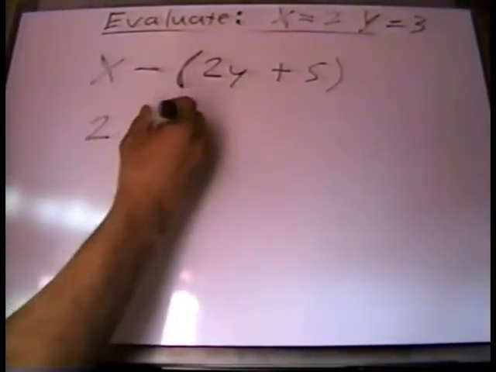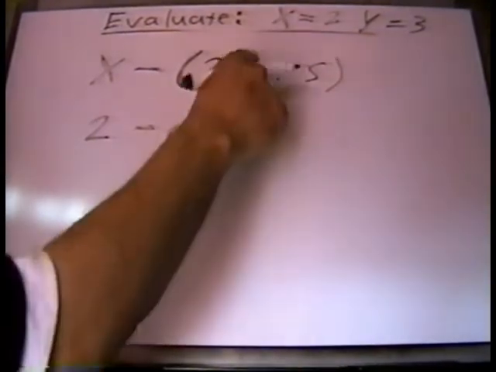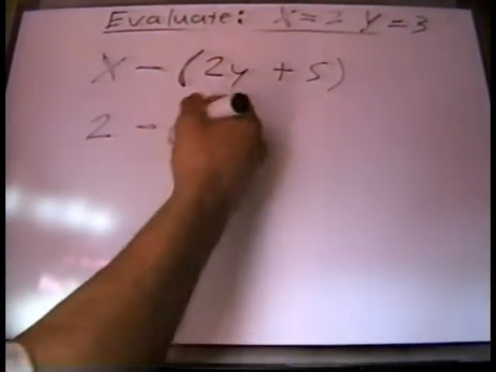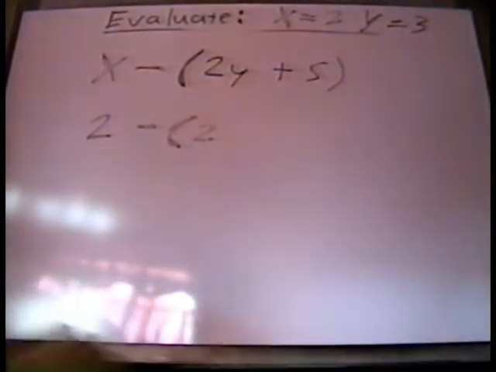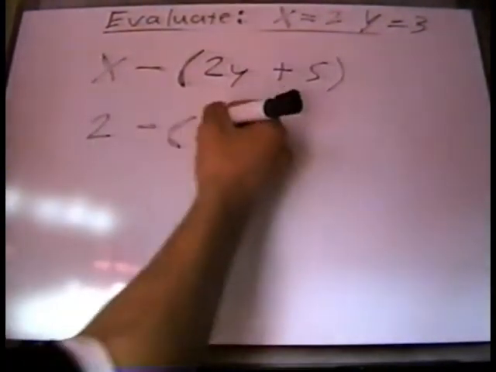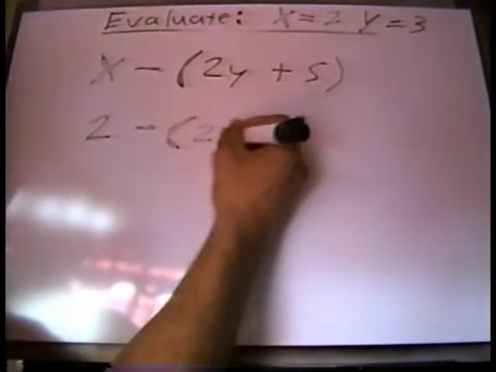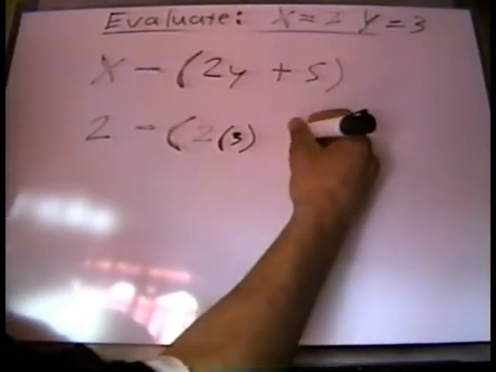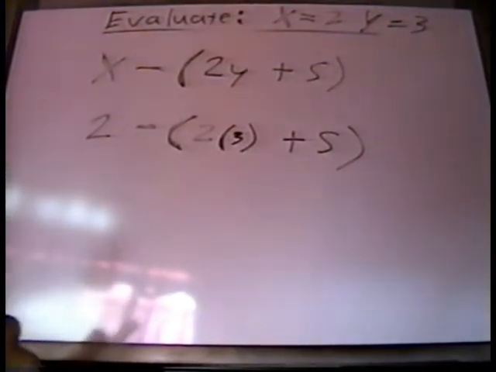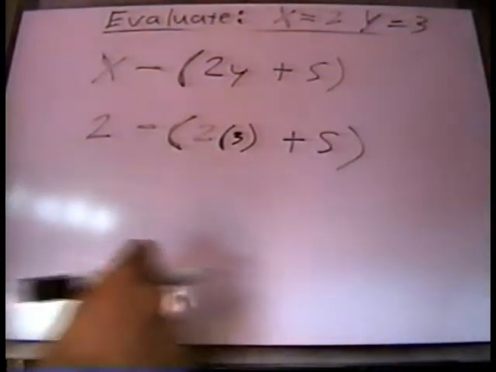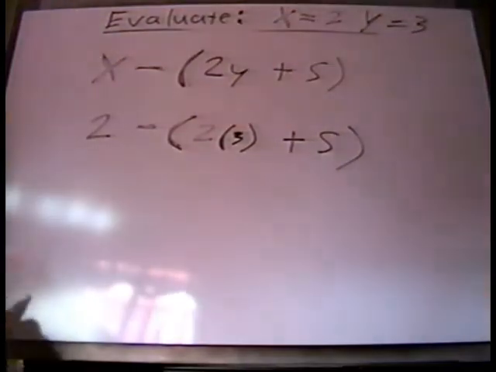For x we get 2, and then we substitute our value for y, which is 3. Substitute in 3 there, plus 5. Okay? Now your order of operations tells you to take care of whatever's in the grouping symbols first.